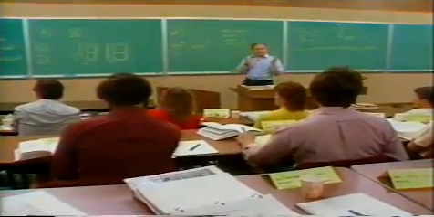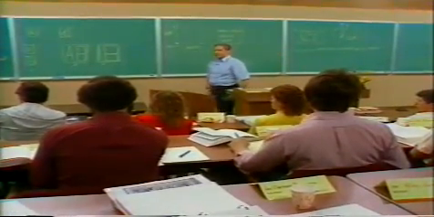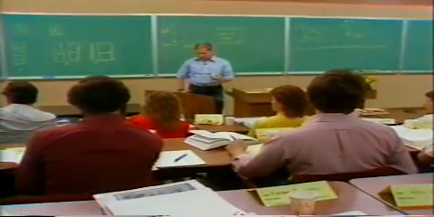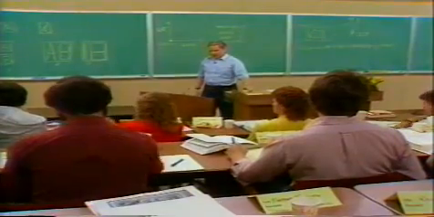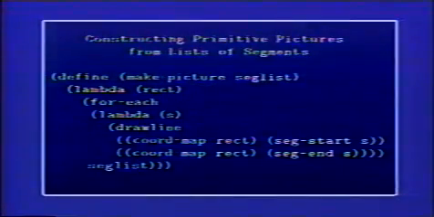Well, how do we actually get a picture to start with? I can build a picture out of a list of line segments initially. Here's a procedure that builds what I'll call a primitive picture, meaning one that didn't come out of a side or rotate or something. It starts with a list of line segments. And now it does what I said. What does a picture have to be? First of all, it's a procedure that's defined on rectangles.